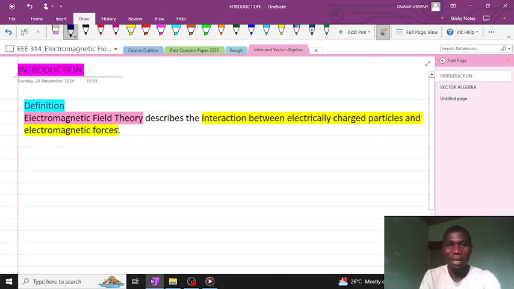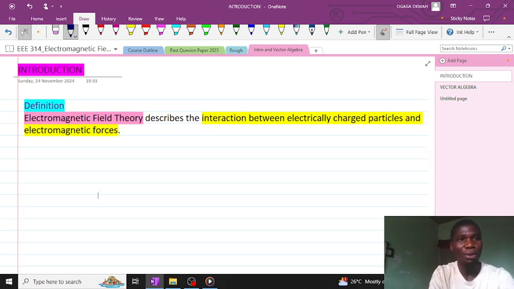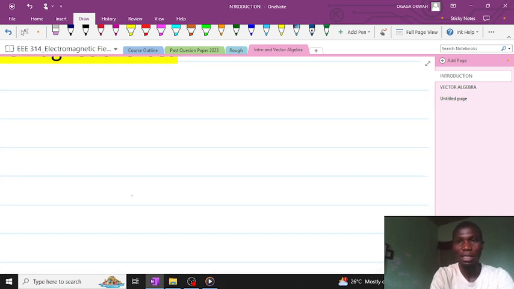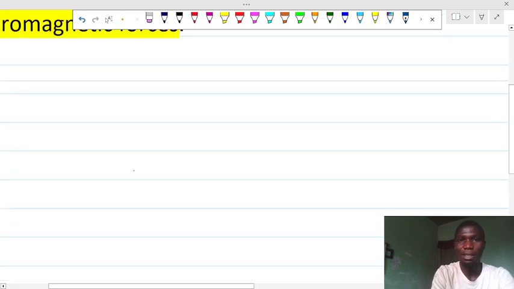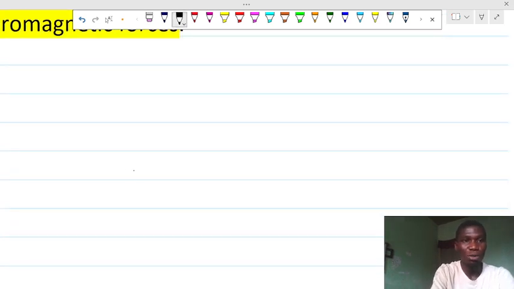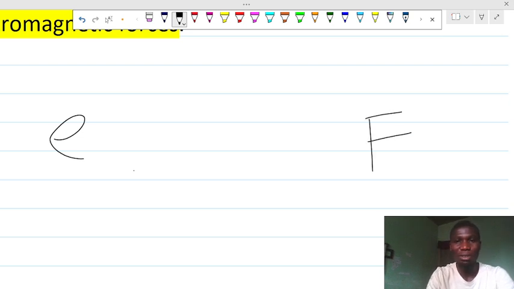So let's say this is our electrically charged particle, an electron, and then we have lines of force, electromagnetic forces.